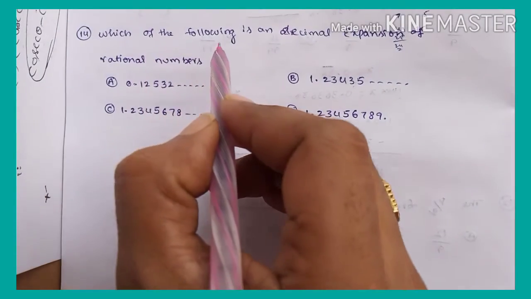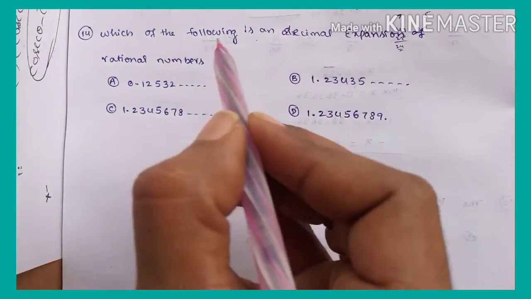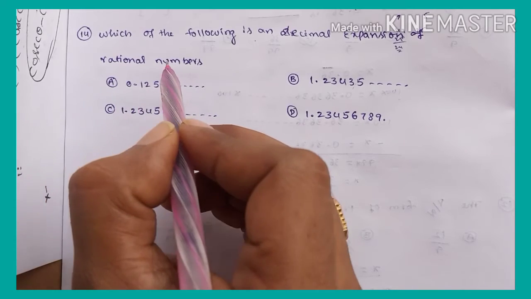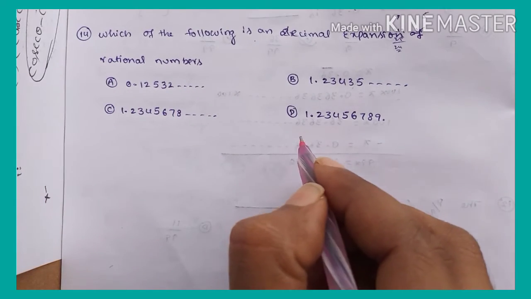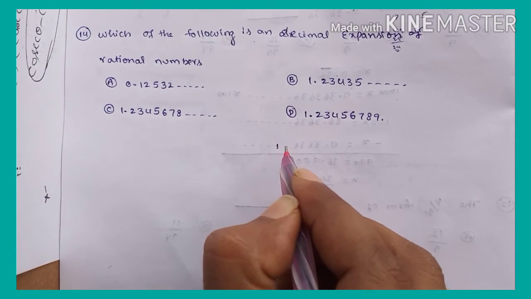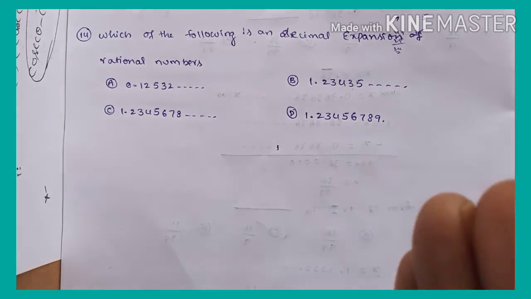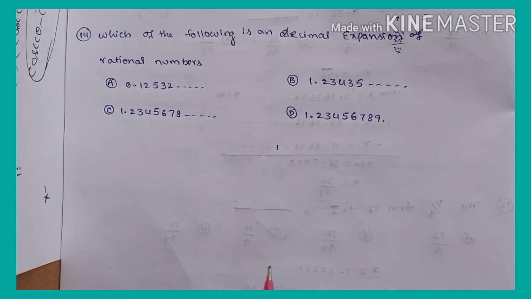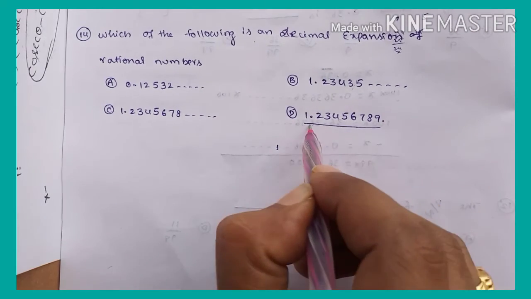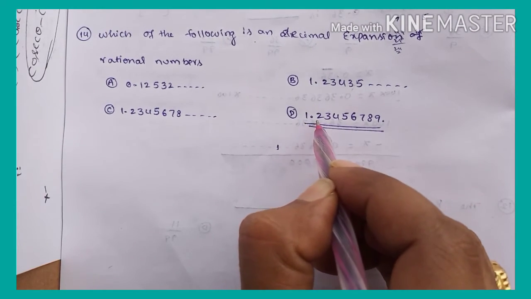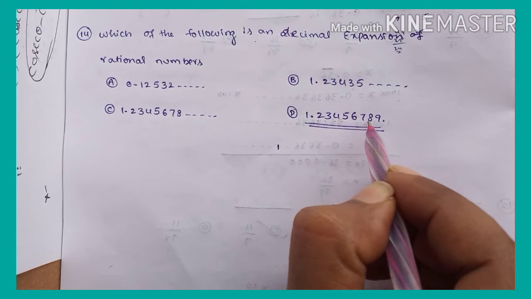Now which of the following is a decimal expansion of a rational number? Rational number means we have to use either terminating or non-terminating recurring decimal numbers. Here this is the only terminating decimal number: 1.2345678.